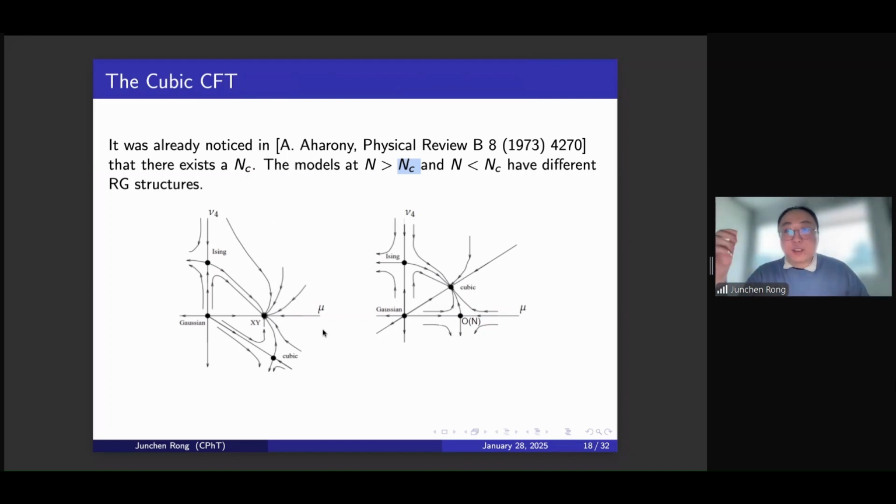You look at whether there's a relevant direction or not. You just find that there's an N_c where the O(N) and cubic fixed points shift their stability. This is very simple stuff, a traditional calculation we do for CFT, just like the Ising model.